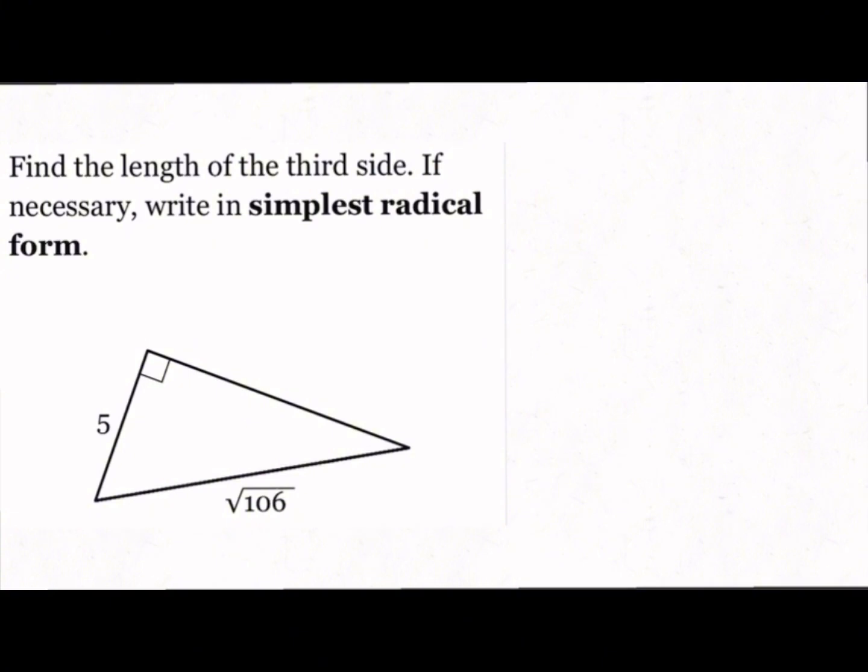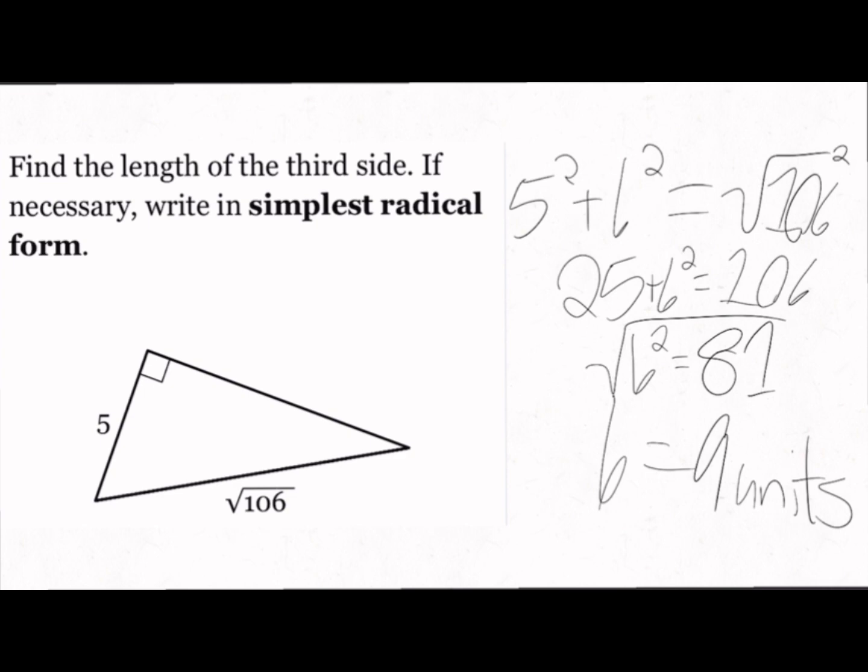Alright, find the length of the third side. This should be so easy. 5 to the second plus b to the second equals 106 to the second. Square both 5 and 106.